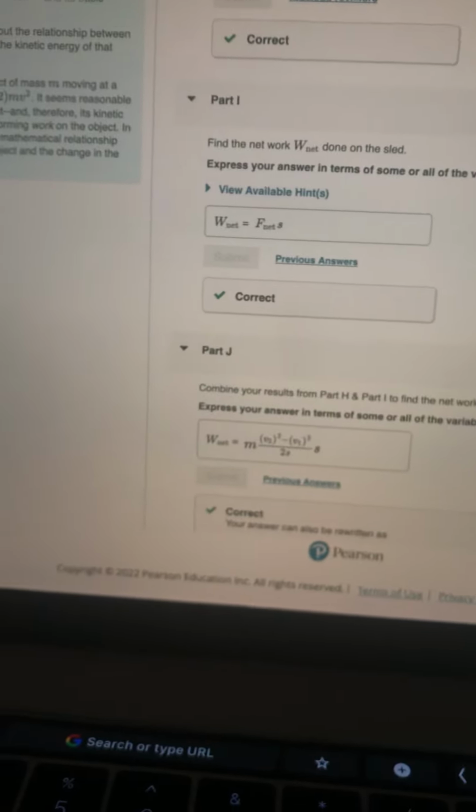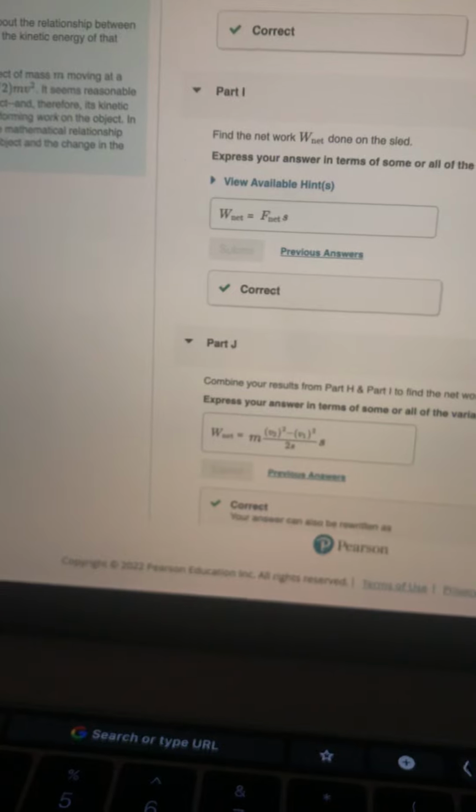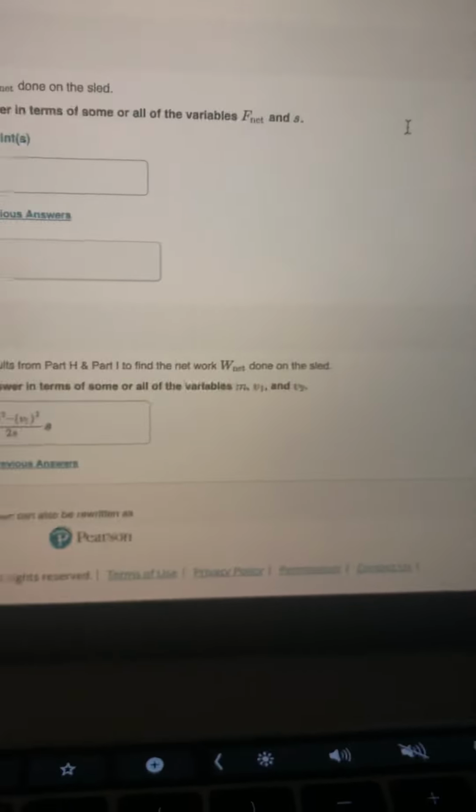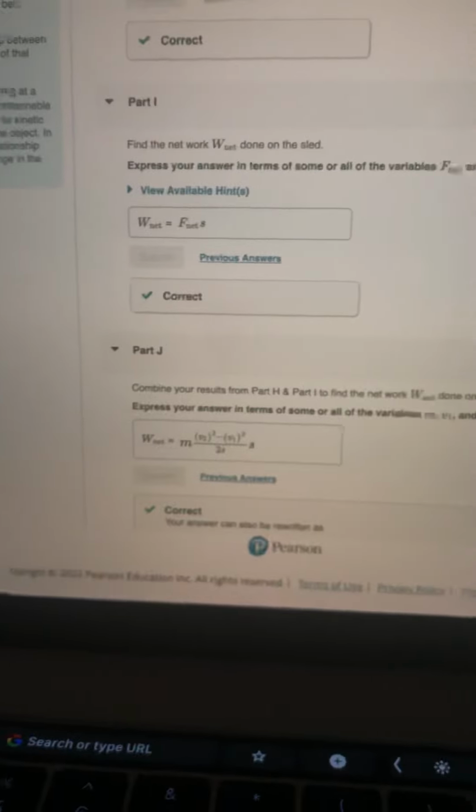So for J, we have combine the results from H and I to find the net work done on the sleigh. So we're going to break it all down. For part J, we're just going to take this W net, the F net part, and write down what we got over here.